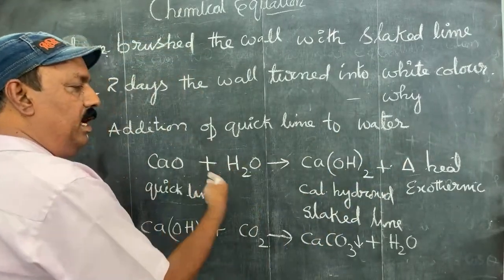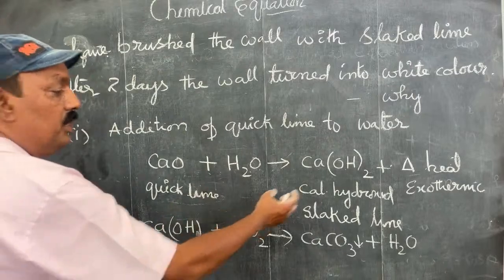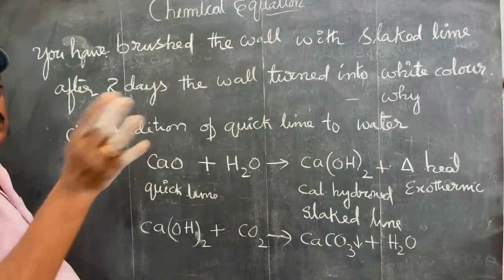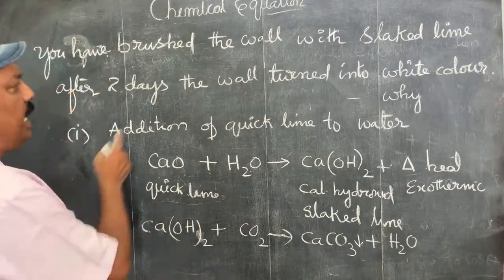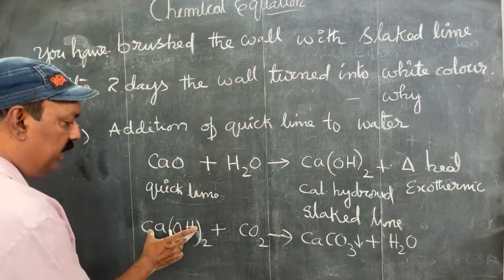This is the exothermic reaction. This is slaked lime. We will brush it on the walls of our building. But it is taking 2 days to whitewash. This one is taking 2 days time.